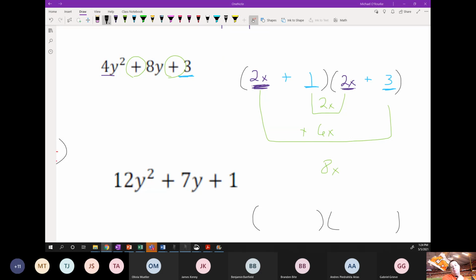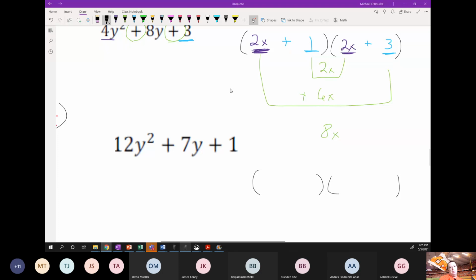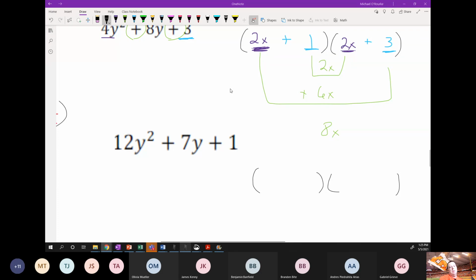That way I know who's where. Okay. All right, give you 5 more seconds. If you think you have it, keep working on it.